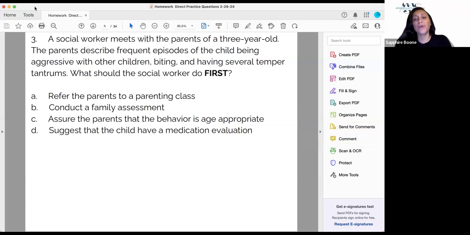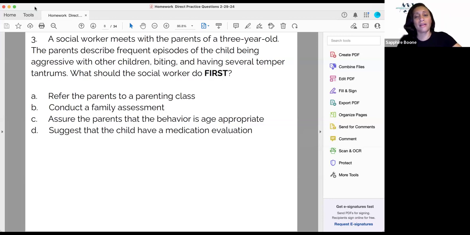So make sure you're putting your answers in order. When it says first or next, you want to put your answers in order. So even if we didn't look at the scenario and we just put these answers in the way they show up on the generalist practice model, we would get our answer.